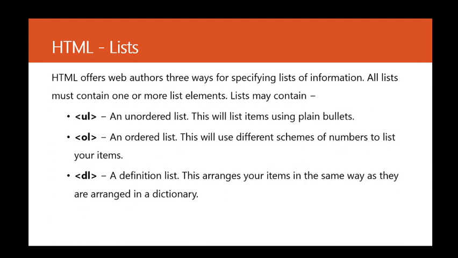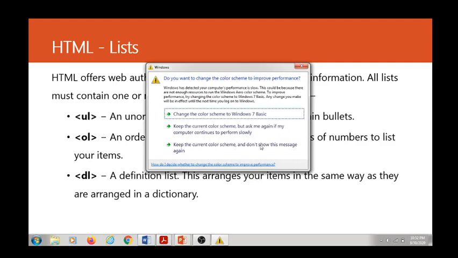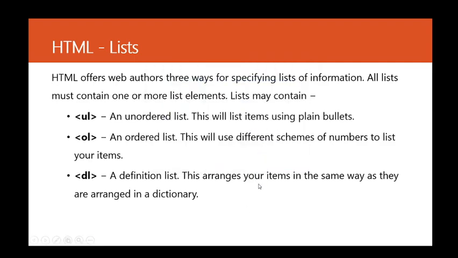When we talk about lists, HTML offers web authors three ways of specifying lists of information, and all lists must contain one or more list elements. The list can have an unordered type.